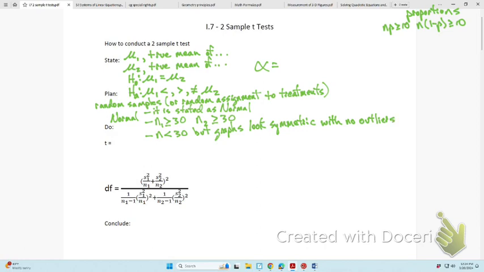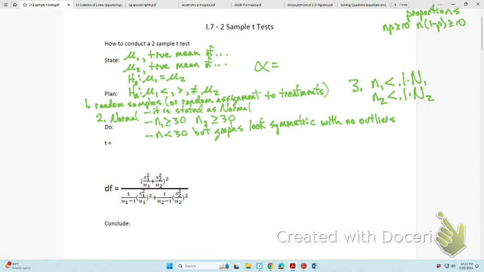And I'm realizing I didn't give myself enough room. So we have 3 conditions for the plan step. Condition 1, condition 2, condition 3 is the 2 samples need to be smaller than 10% of the population. So you need to check all 3 of those.